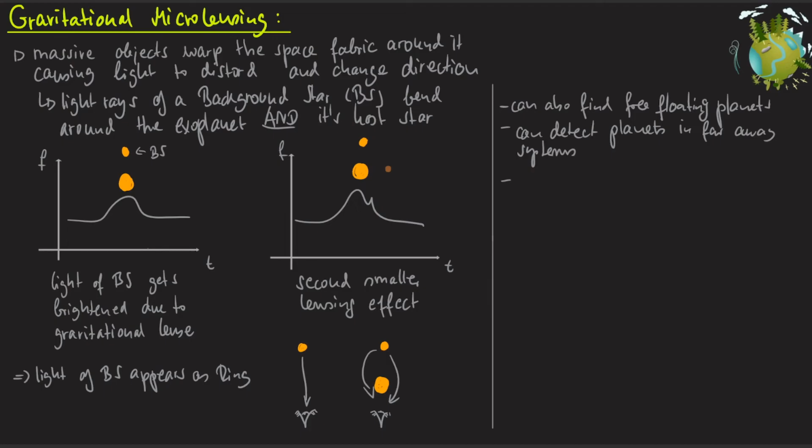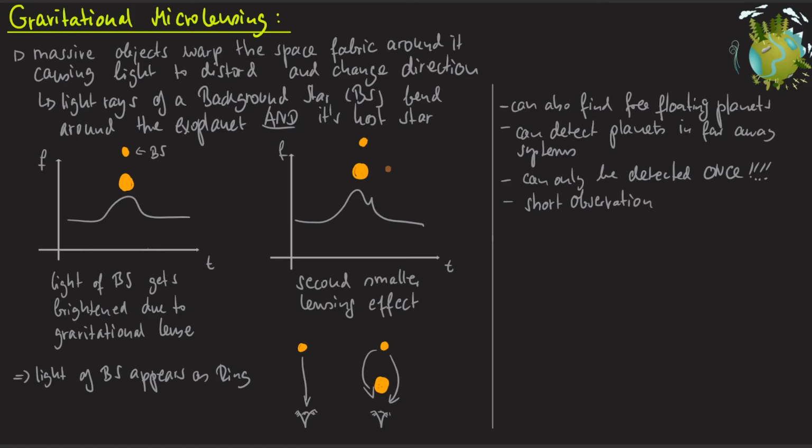But we can only observe this event one time. It's a one-time thing. That's it. If we miss it, that's it. We cannot observe it again. And the observation window for it is also very, very short. For Jupiter-mass planets, it's days.